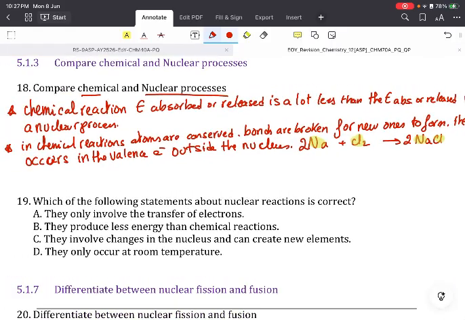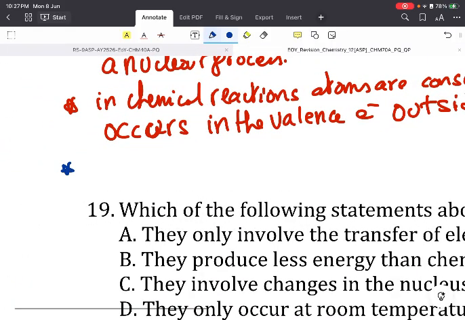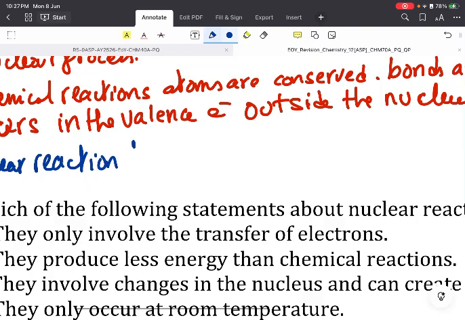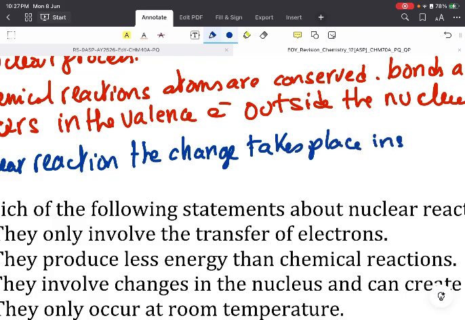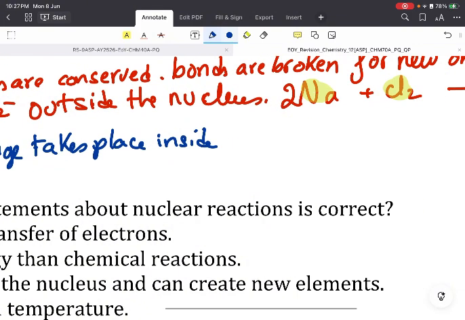But in nuclear reactions, it's completely different. In nuclear reactions, the change takes place inside the nucleus, and not outside the nucleus like in the chemical reaction.